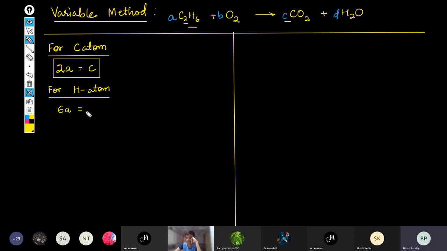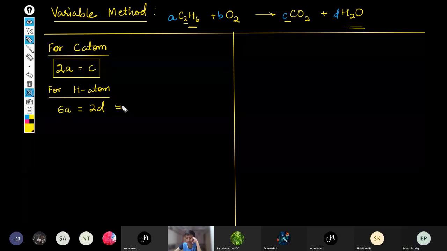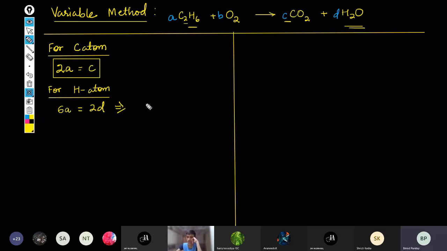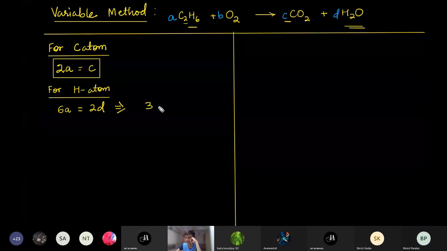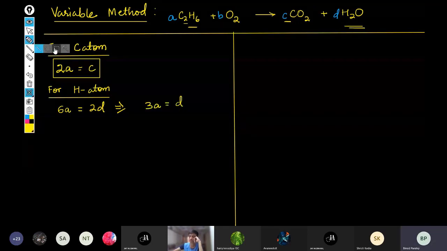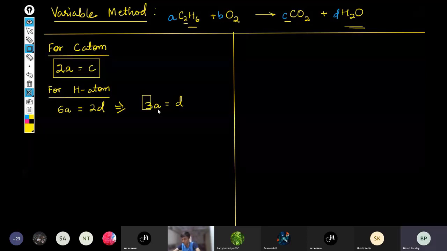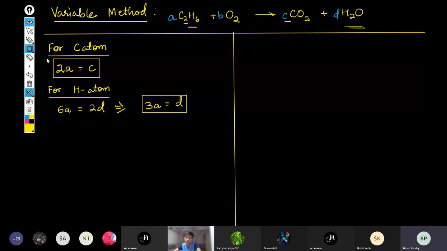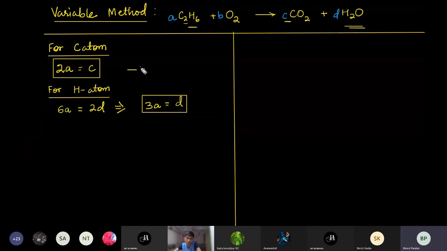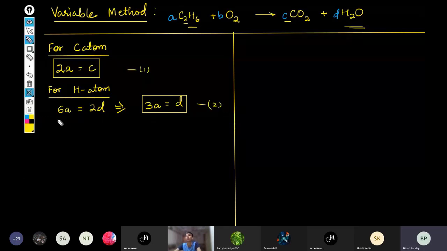On the right hand side, hydrogen is present only in water, beta, so this will be 2D. This can also be written as 3A is equal to D. Is it fine, children? Yes, sir. So we consider it as equation 1, and we consider this one as equation 2.